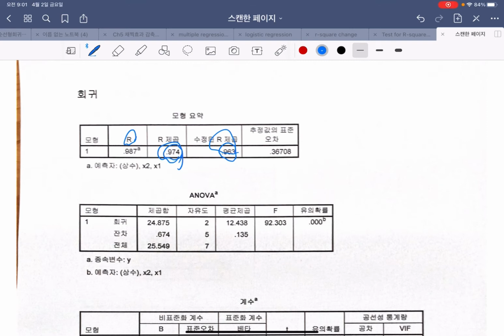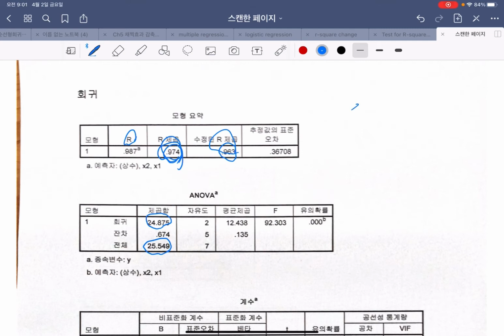As I said, if you include the independent variables which are related to the dependent variable, you don't need to worry about adjusted R square, right? Now, this R square comes from these numbers. This one divided by this, you get 0.974, right?